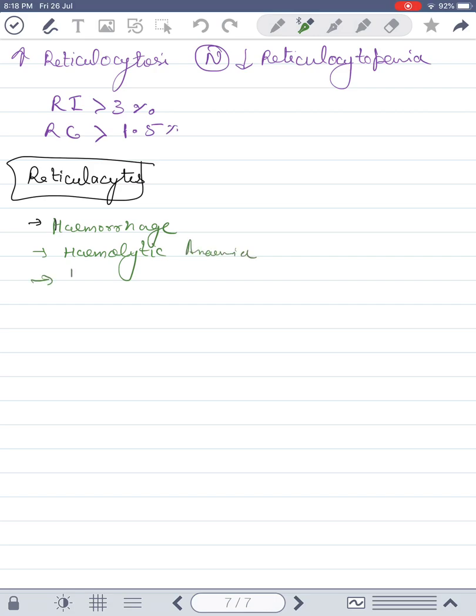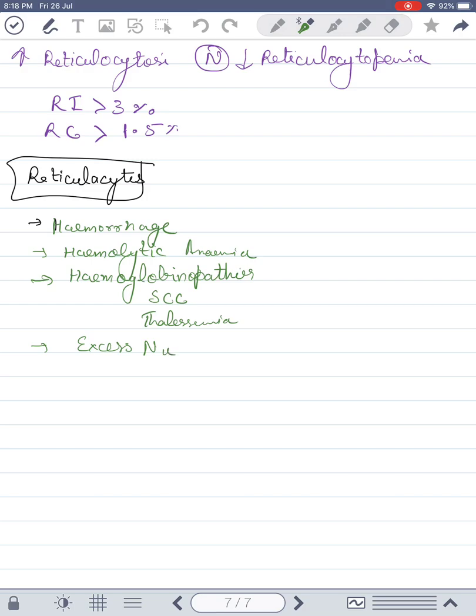If there are hemoglobinopathies, when we require more and more RBCs for carrying out the different respiratory functions, as in sickle cell anemia and thalassemia, and when there is an excess of nutrients.